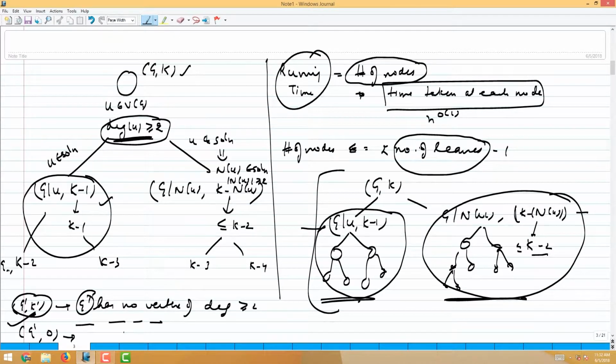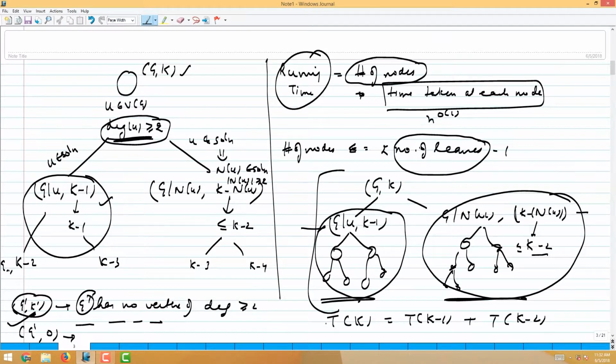So the number of leaves in the branching tree don't depend on the number of vertices here, right? They depend on k, right? So try to write a recurrence in terms of k. So let's say, exactly. In fact, let me just write t so that people don't think that we are doing anything different here.